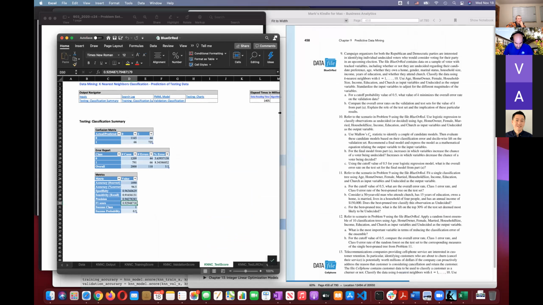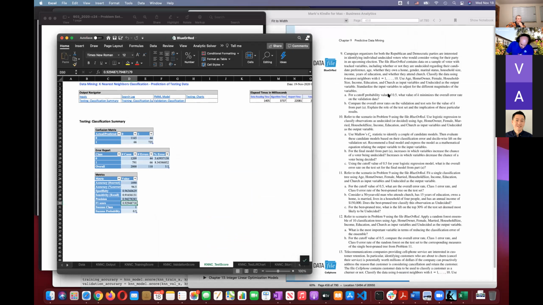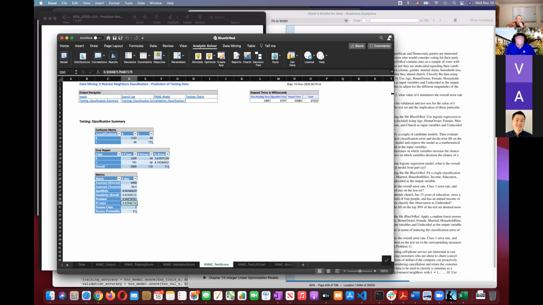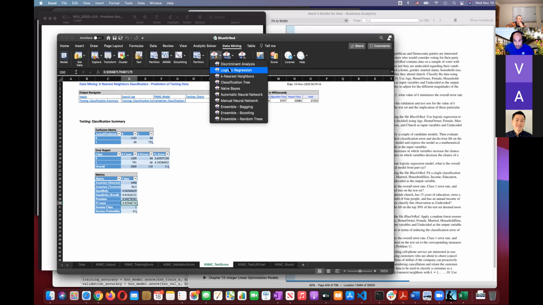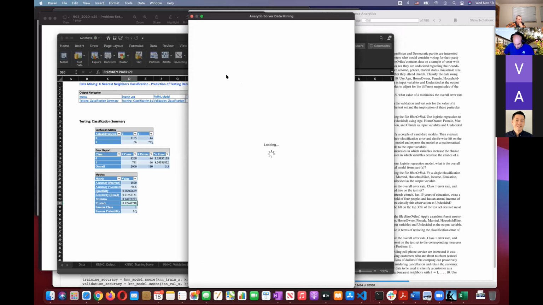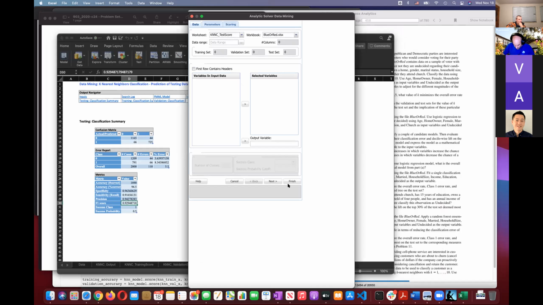It said for a probability cutoff of 0.5. And if we remember, that is the probability cutoff when you're running the regression, set here when you pick the success class and the success probability cutoff.